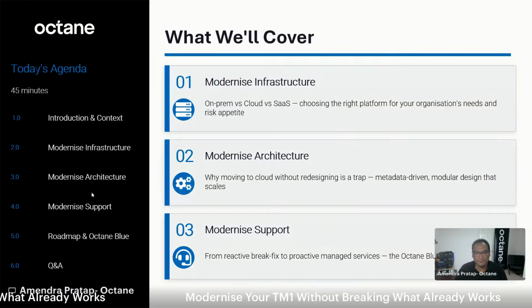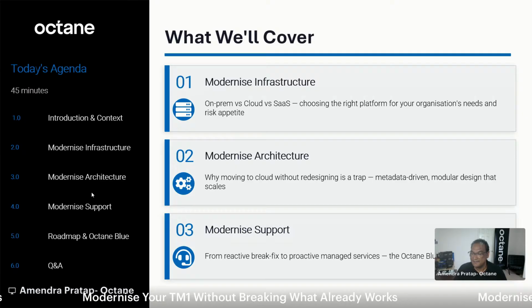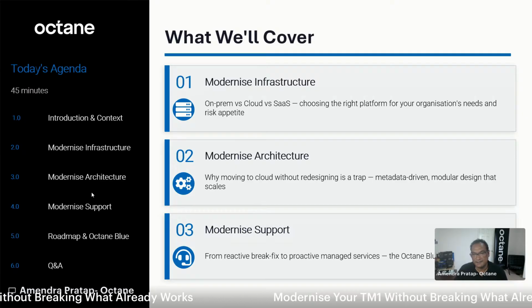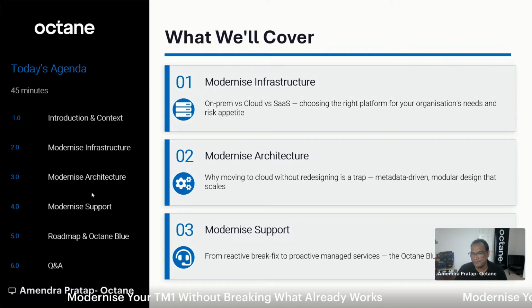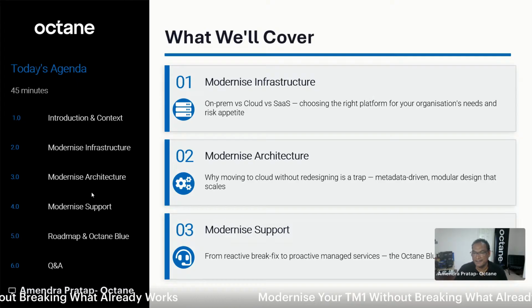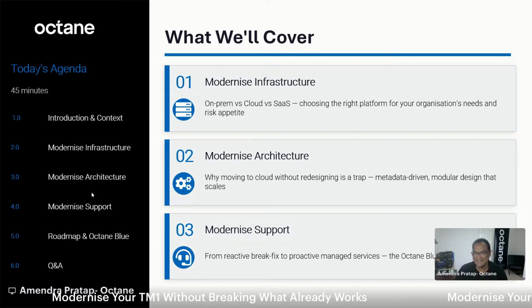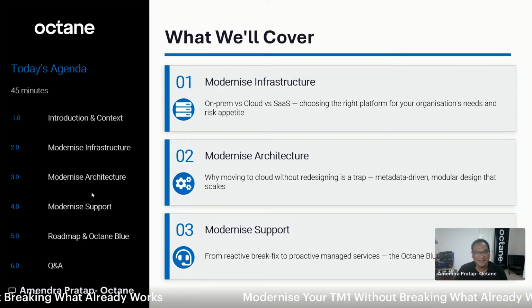Today we'll be focusing on three key things that we think are the pillars to modernize your TM1 infrastructure. For those new to the game, I will be using TM1 and Planning Analytics interchangeably. Regardless of what I say, I mean IBM Planning Analytics TM1.